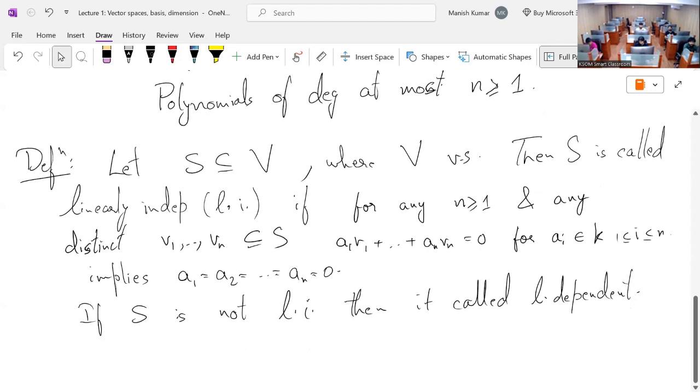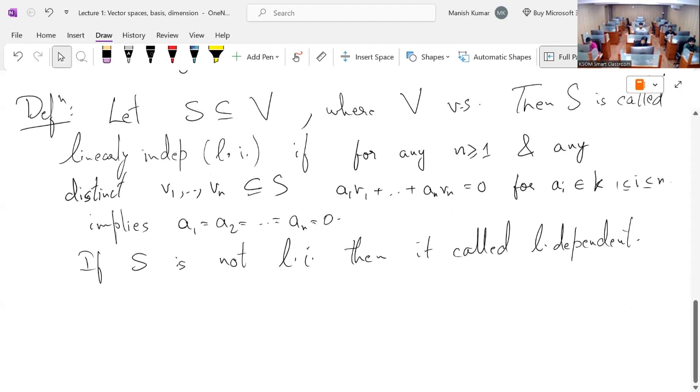So for instance, since it's the first class, let's do one example. So in R2, take 1, 2 and 3, 4.